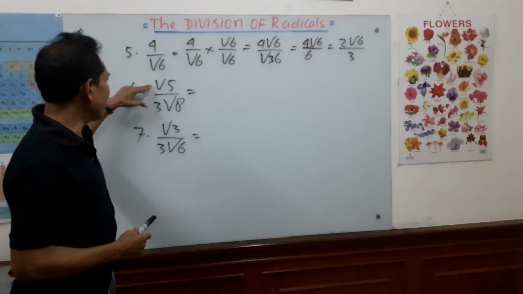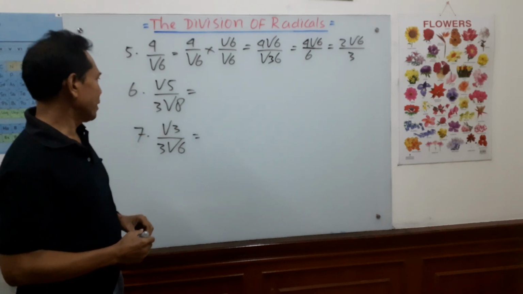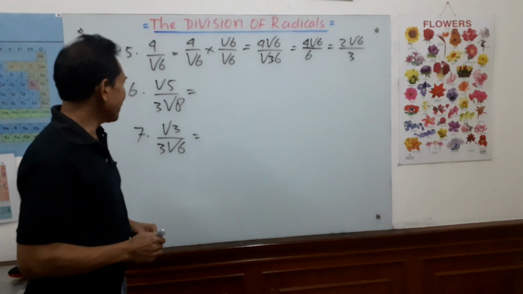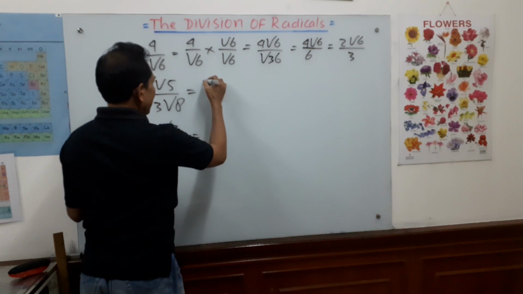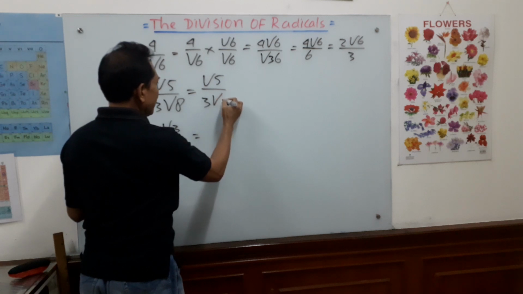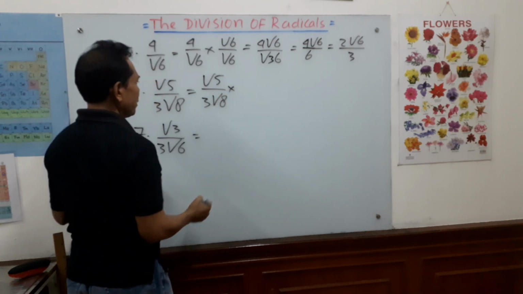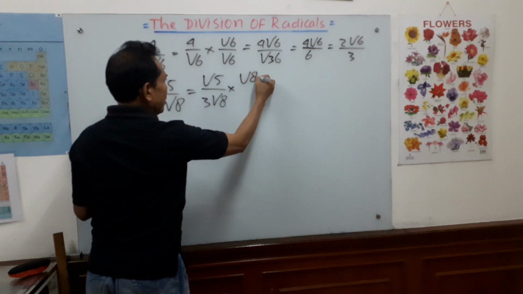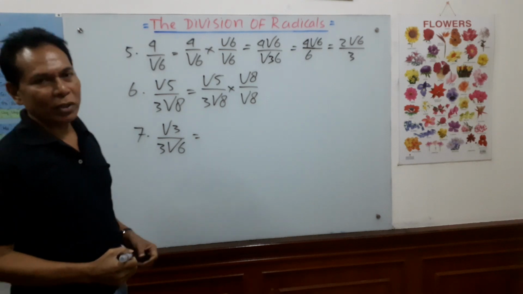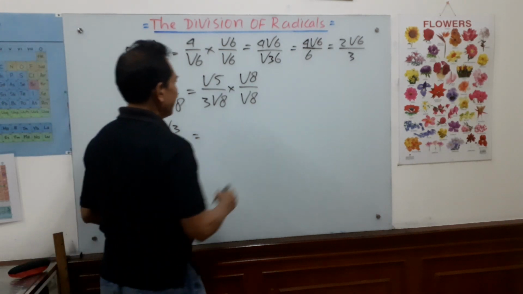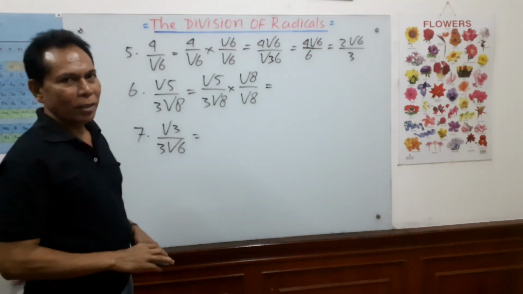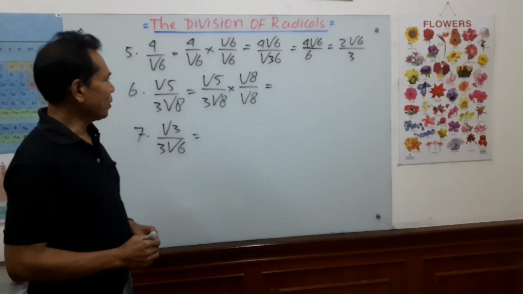Number 6, square root 5 over 3 square root 8, okay? Now, we also use the same method. We rationalize the denominator. So we put our square root 5 here over 3 square root 8 times square root 8 over square root 8. Now we don't take the 3 because it's outside of the square root, so we just take the 8. Alright, now we look here, with this situation, we can cross multiply straight away.